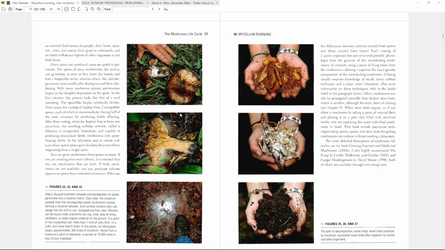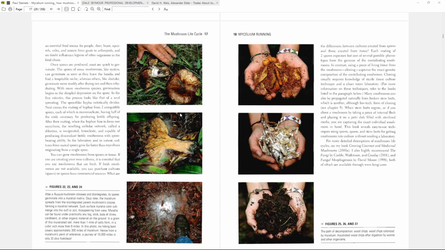After their mating, when the hyphae fuse to form one mycelium, the resulting cellular network, called a dikaryon, is invigorated by being binucleate and capable of producing descendant fertile mushrooms with spore-bearing ability.